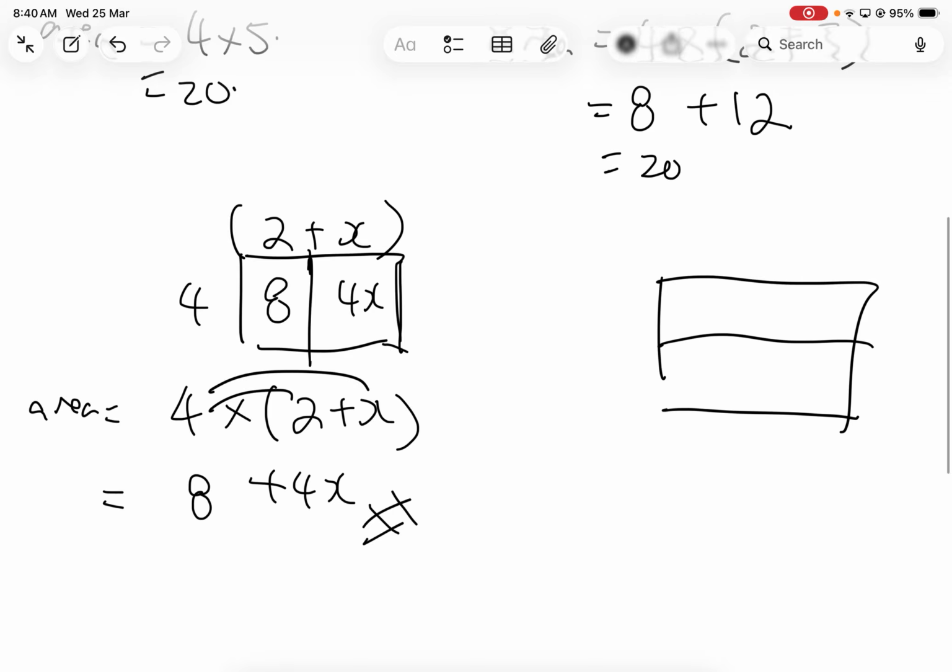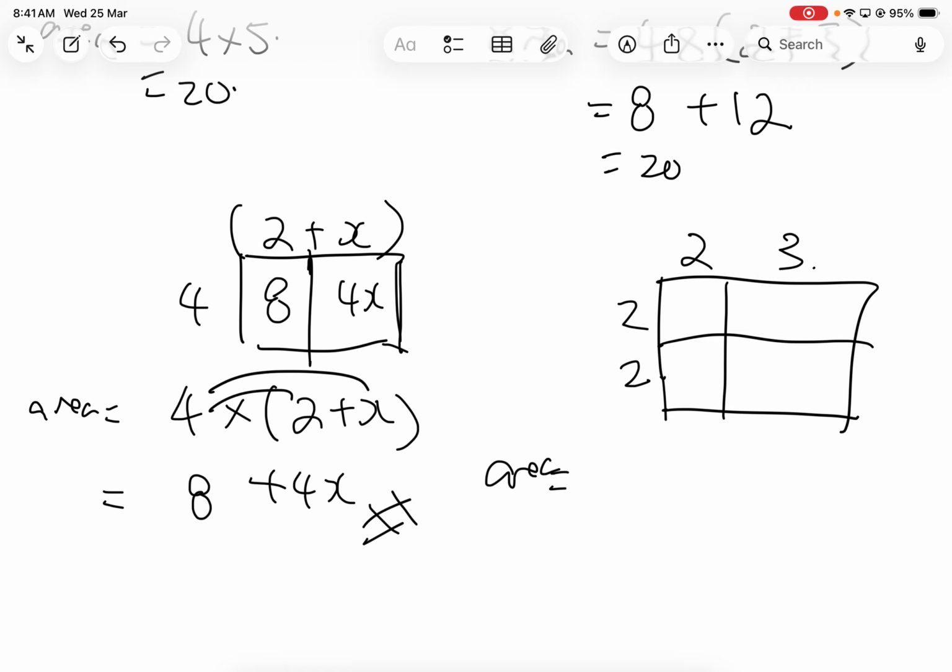By default, when we don't have anything in between, it is a multiplication. This part is 5x. This part is 4.